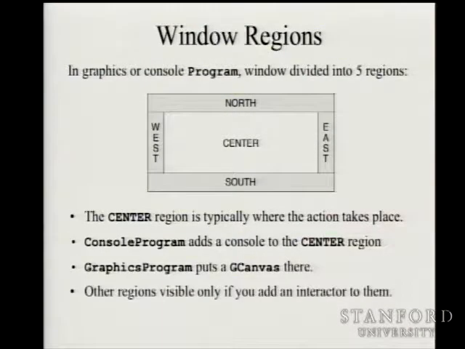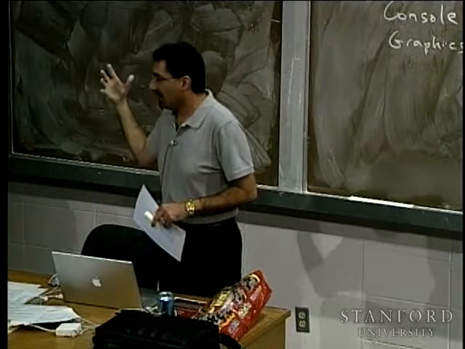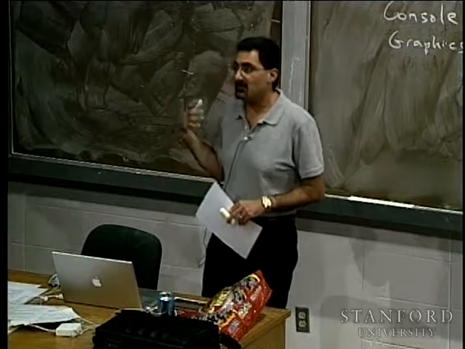The center is where all the action takes place. The console program would add a console to the center automatically, and a graphics program would add a GCanvas to the center automatically, which is where you're going to draw all your stuff. The other regions are only visible if you add stuff to them.